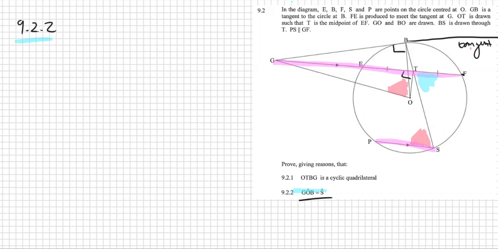And ETB over here must also be equal to STF because of vertically opposite angles. Okay. So maybe let's see, what else do we have here? So we're nearly there. So probably something to do with the cyclic quad.